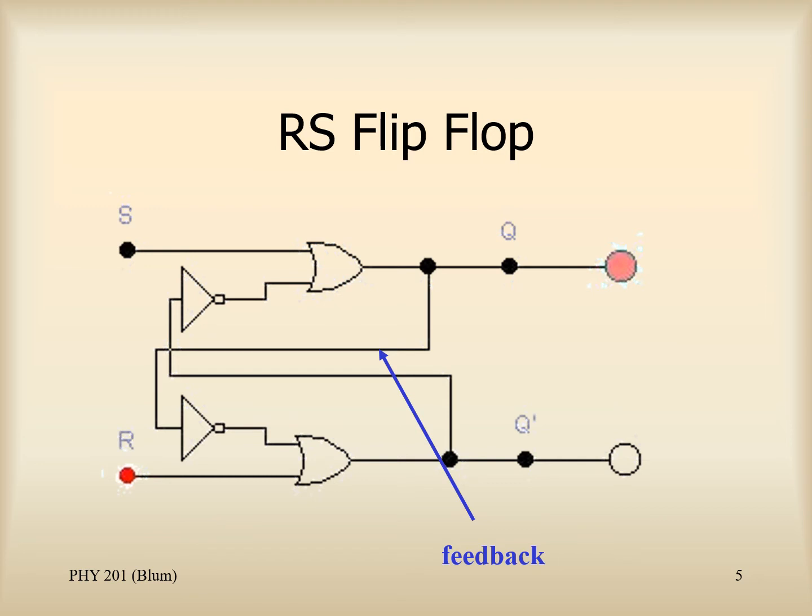And then the Q prime output also has a junction that is fed around and again inverted, put through a NOT gate, and is one of the inputs to the OR gate in the upper portion, along with the S input that gives the Q output. So that wire comes back from being an output and feeds into the OR gate. It's both the output of an OR gate and the input to a related OR gate. And so this is feedback.